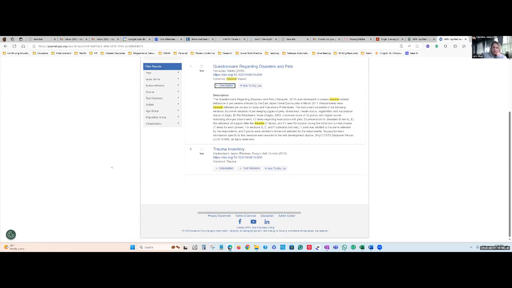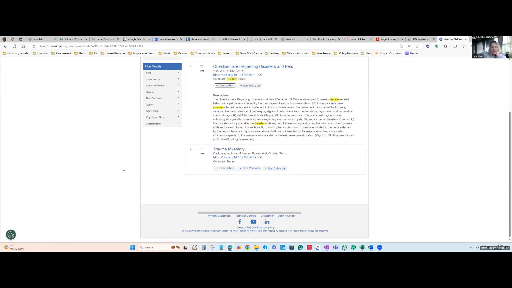The questionnaire regarding disasters in pets was developed to assess disaster-related behaviors of pet owners affected by the East Japan Great Earthquake in March 2011.